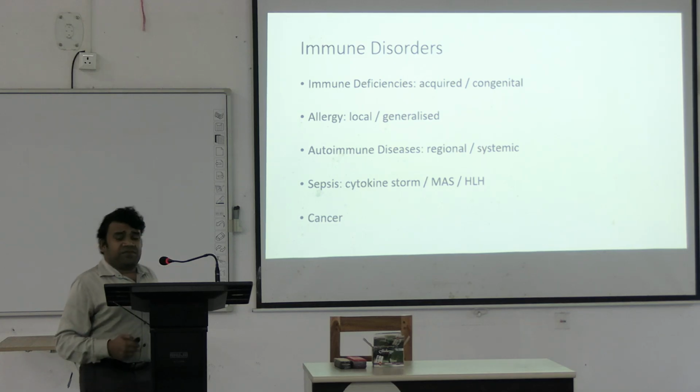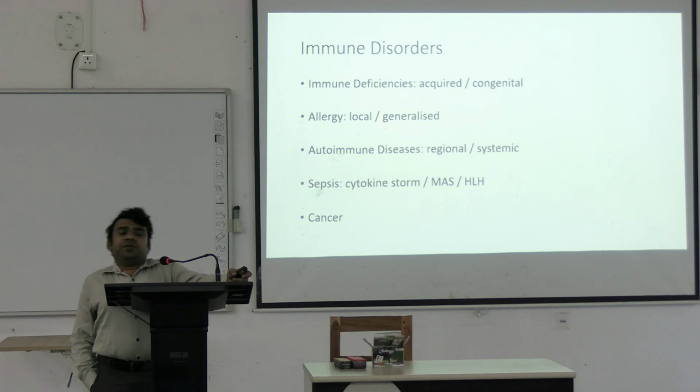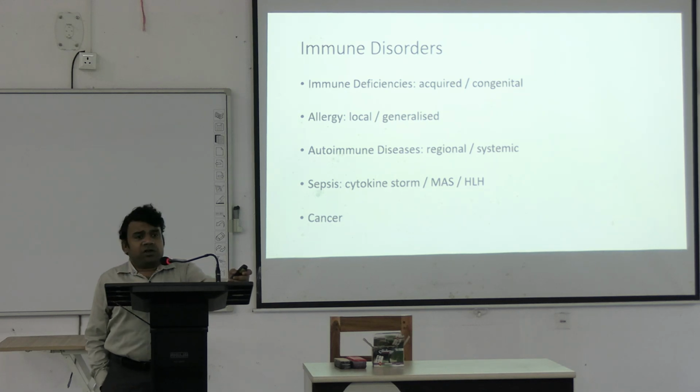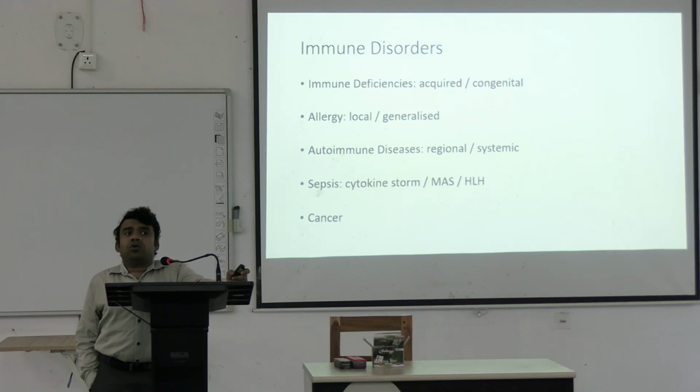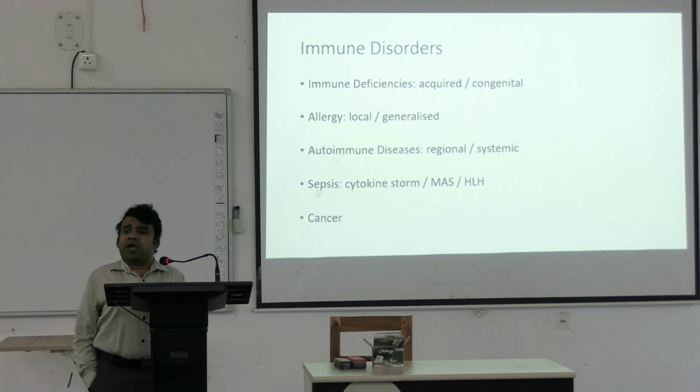So that is a hyperactive response either locally or generalized, or the immune response may be in the humoral fraction, that is production of autoantibodies, or auto-reactive T cells, in which there is direct destruction of the human cells and organs. That is called autoimmune diseases. It could be mediated either by autoimmune immunoglobulins, that is immunoglobulins targeting the body's own cells, or activated T cells which attack own cells.